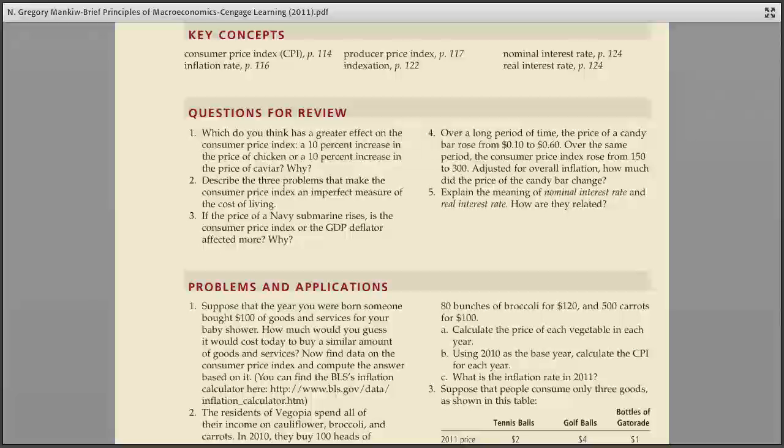So how do we calculate it? Nominal GDP divided by real GDP multiplied by 100. We can find the GDP deflator.